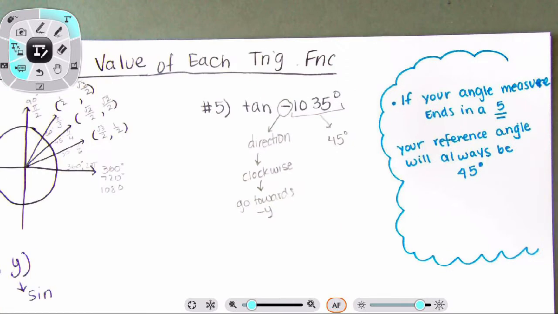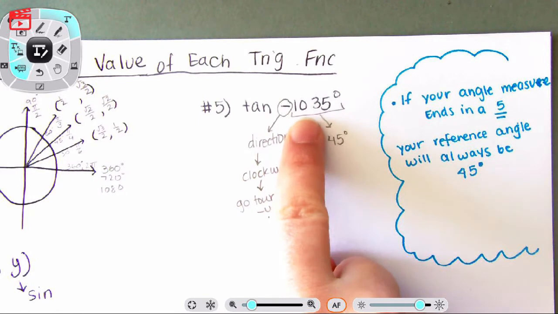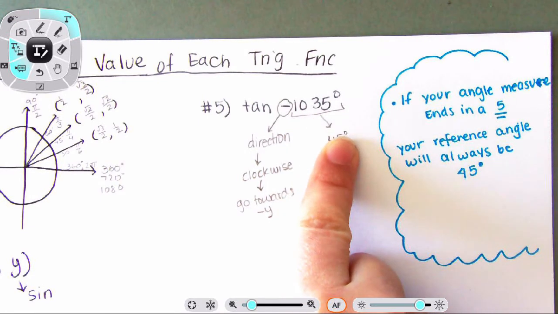So again, if your angle measure ends in a 5, it will always be a reference angle of 45 degrees. So technically we didn't have to do any calculation here. It ends with a 5, it will always be a 45.